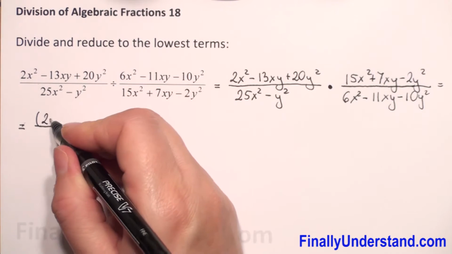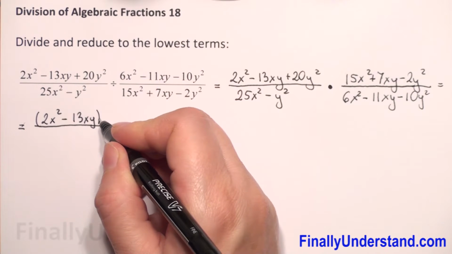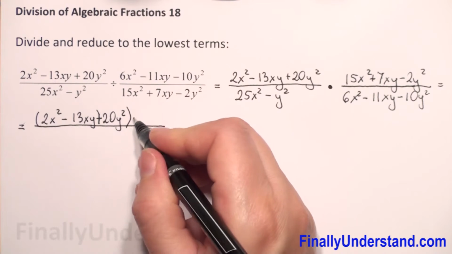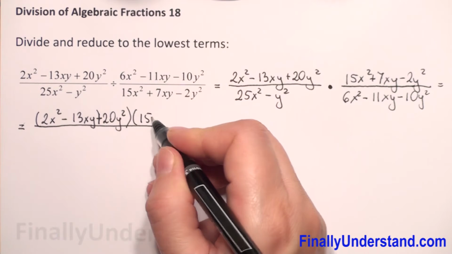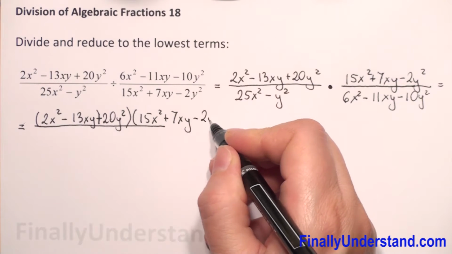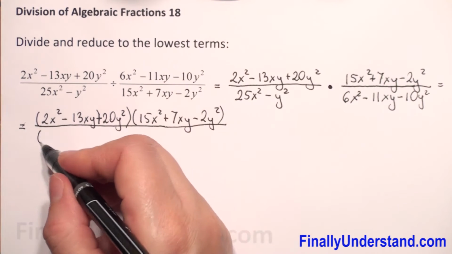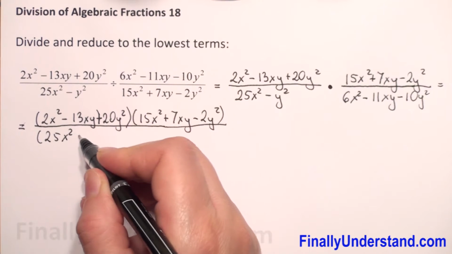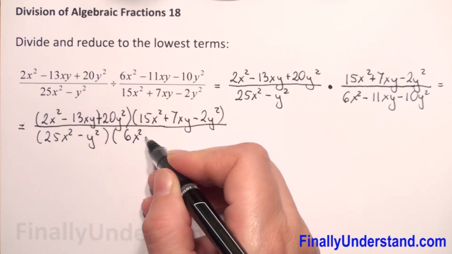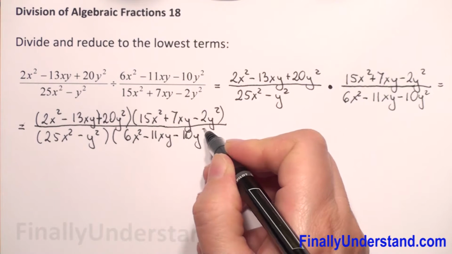So we have 2x squared minus 13xy plus 20y squared times 15x squared plus 7xy minus 2y squared over 25x squared minus y squared times 6x squared minus 11xy minus 10y squared.